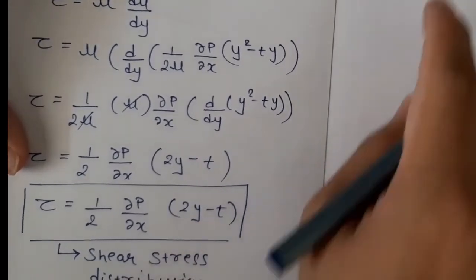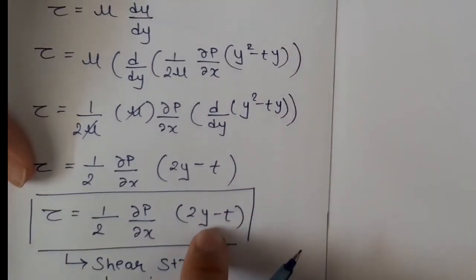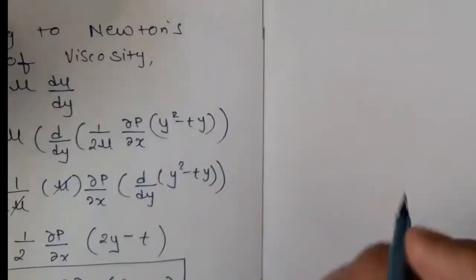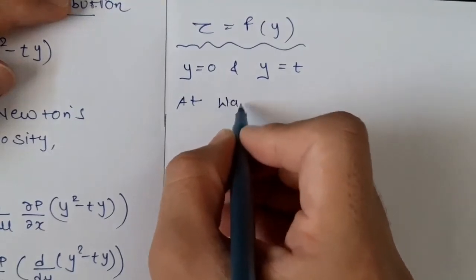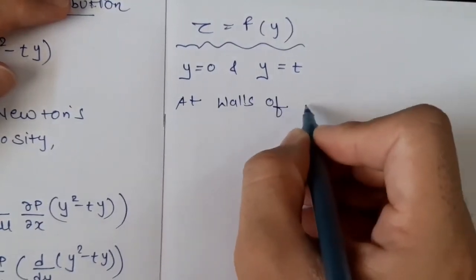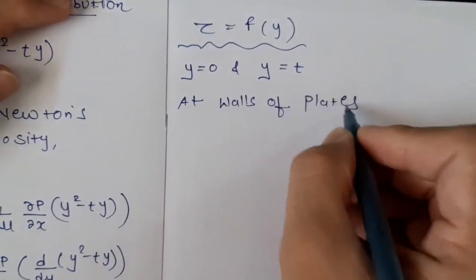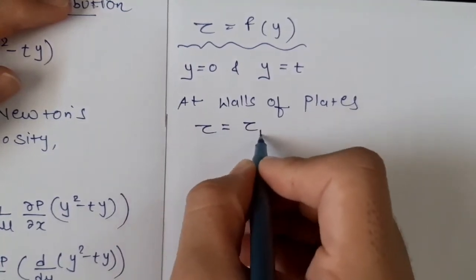And if we put y equals t in this equation, we also get tau max. That means at the walls of the plates, the shear stress tau is maximum.